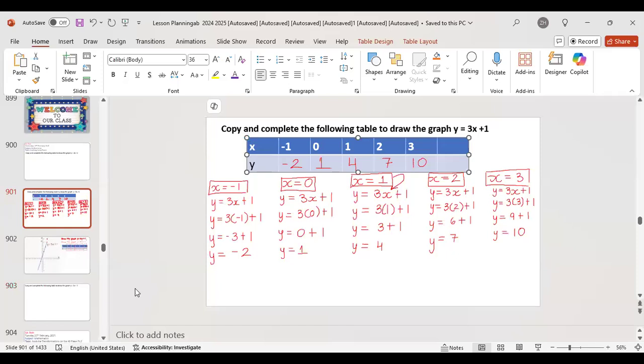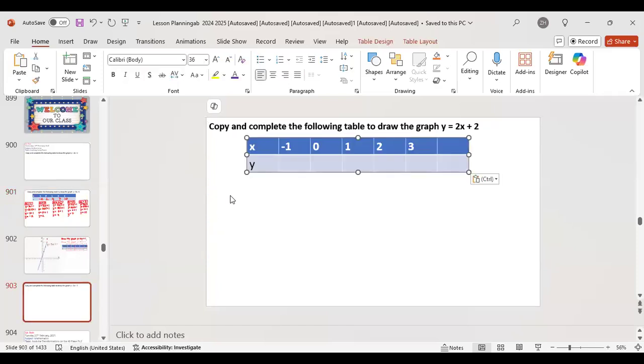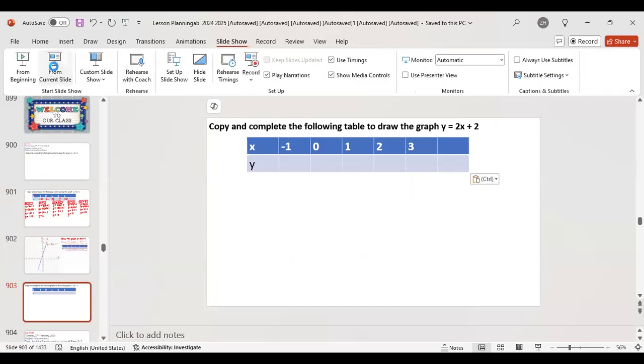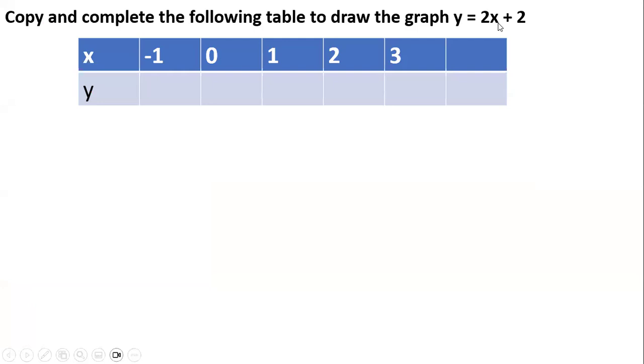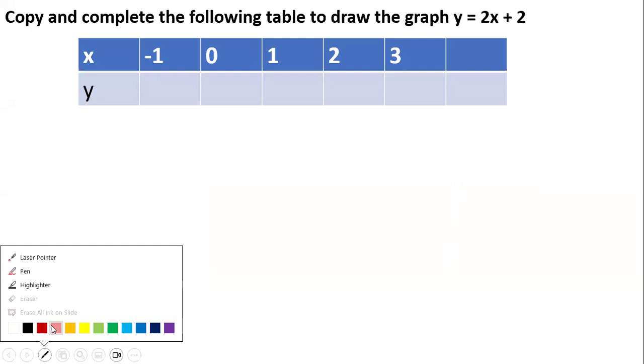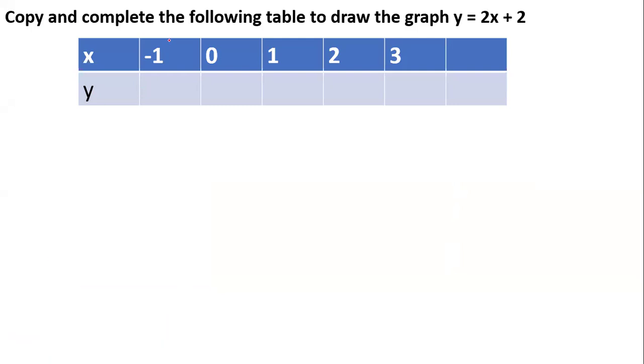Okay, so what we have to do is use this equation, 2x plus 2, and substitute. In this case, x is equal to, start off with what? x equals negative 1. Very good.